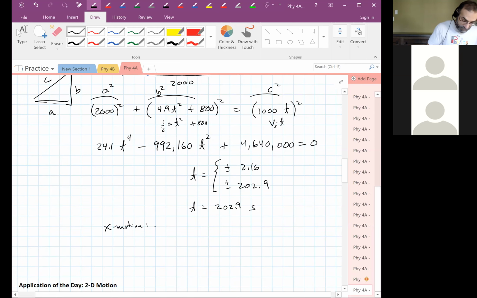And we get 2,000 is 1,000 cosine theta times time. And so theta is... actually, I jumped the gun here a little bit.